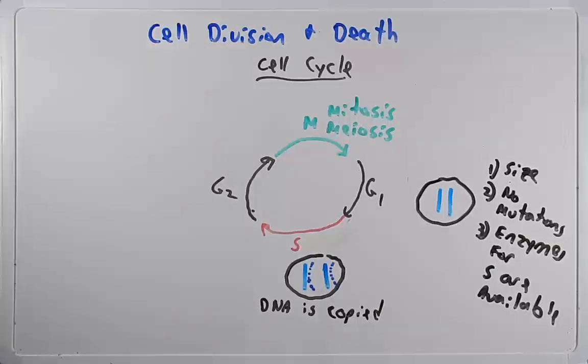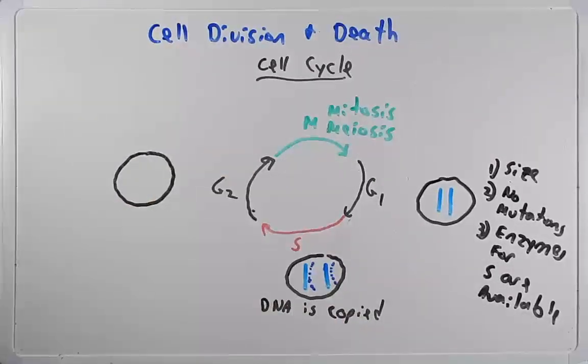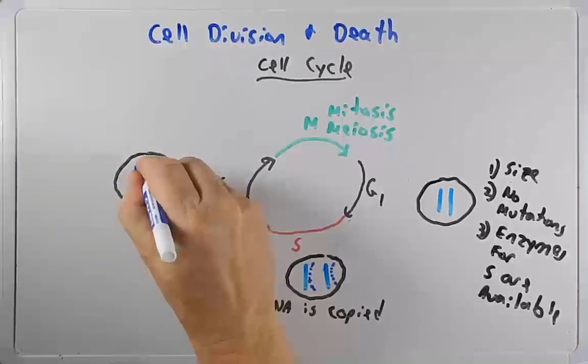S stands for synthesis. Now the end of S phase, what will happen is the DNA will completely have been copied. So here are the two original ones, and the copied ones I'll draw like so.